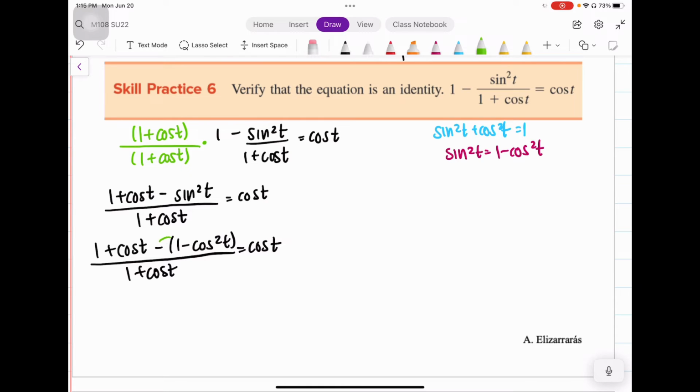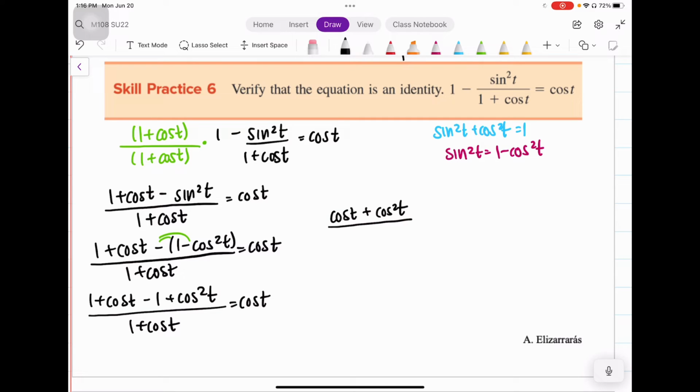I need to distribute that negative. That becomes 1 plus cosine t minus 1 plus cosine squared t all over 1 plus cosine t equals cosine t. That leaves me with cosine t plus cosine squared t over 1 plus cosine t equal to cosine t.